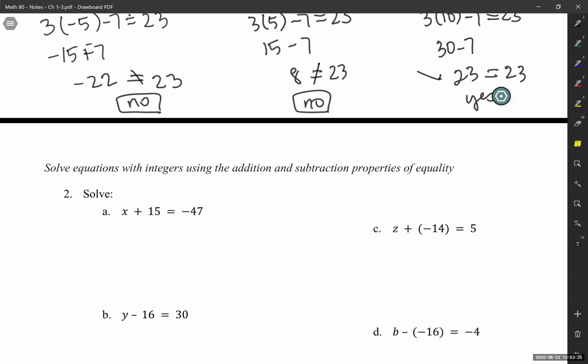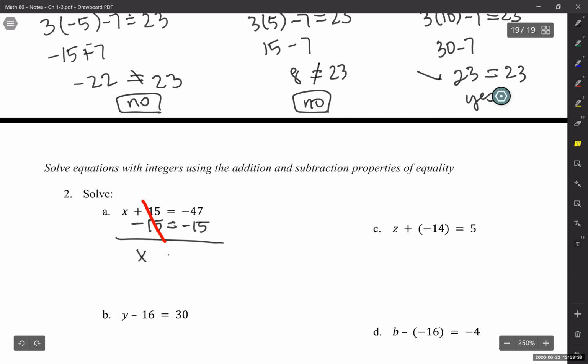Now we're going to do it with positives and negatives. I am going to do the opposite. I have addition, so I'm going to subtract because that gives me that 0 pair that I was talking about earlier. So I end up with x equals, since I have 2 negatives, I'm going to add those same signs, and I get x equals negative 62.